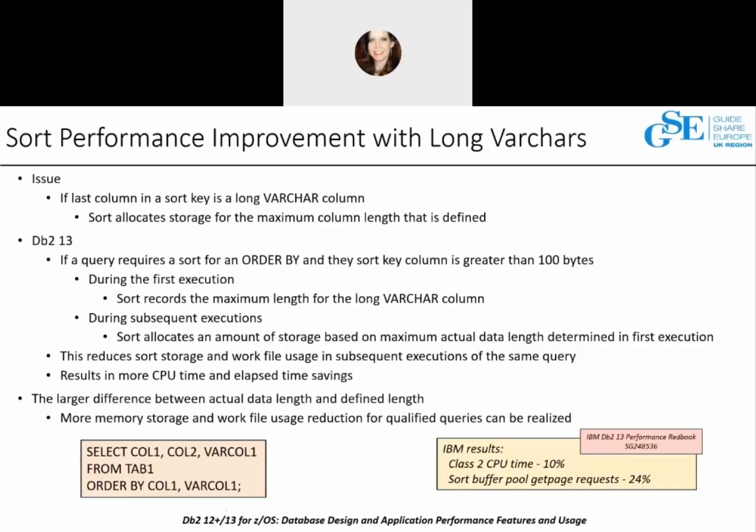When it sees that you've got this varchar in the sort, it will determine the actual amount of data in there, and during the first execution of the query, it will only allocate that maximum length that's been used in the sort. Then for subsequent executions, it will use that value that it determined. So hopefully it reduces the amount of sort storage and sort work file buffer pool storage space that you need.